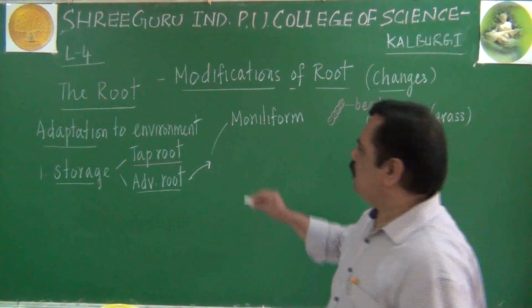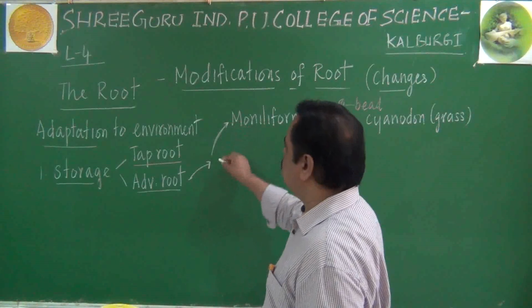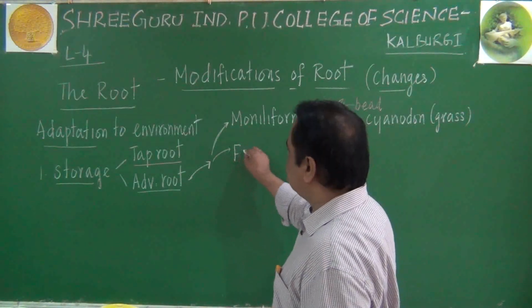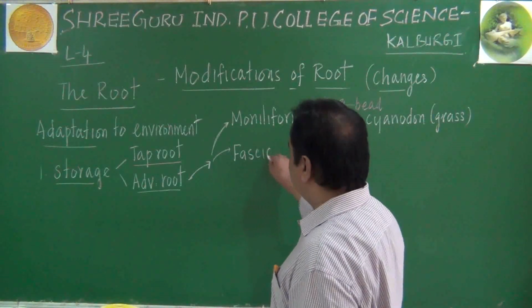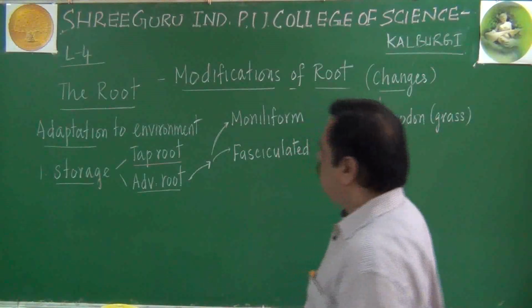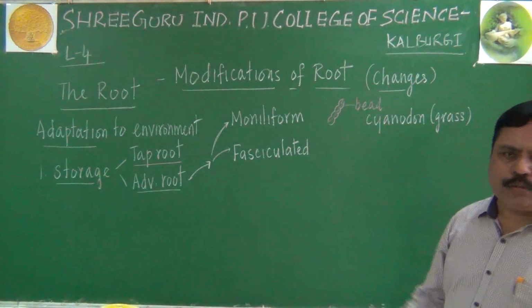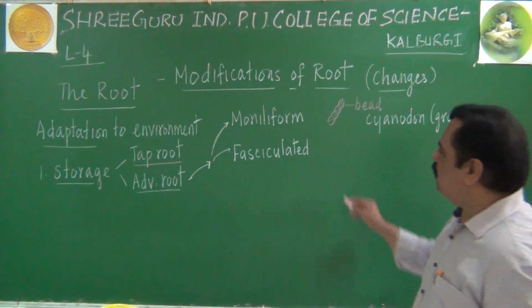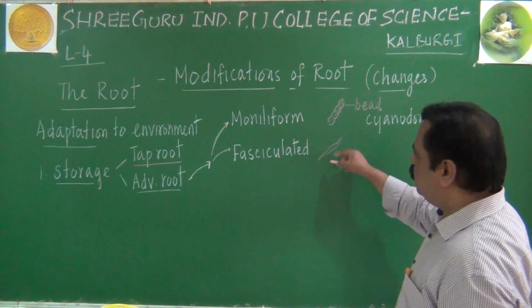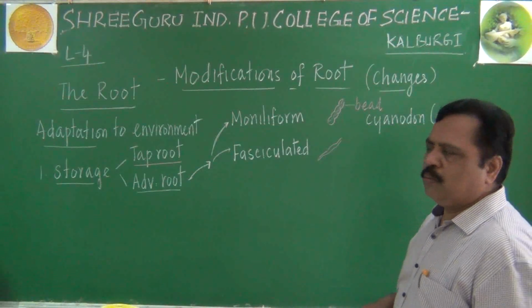There are some other types of adventitious root, which are called fasciculated root, you have to remember. In fasciculated root, there will be bunches of roots arising from the tip. Of course, it is a type of fibrous root only.